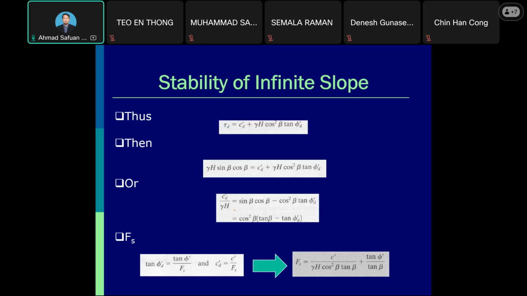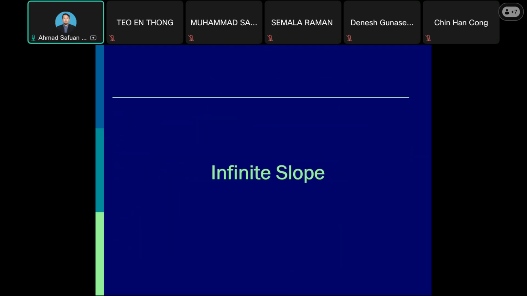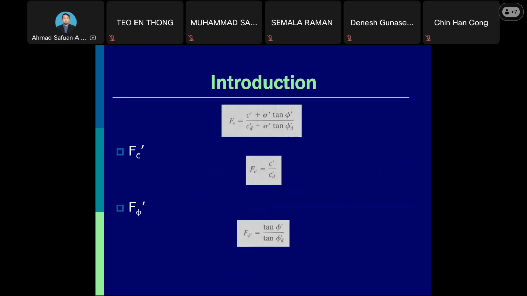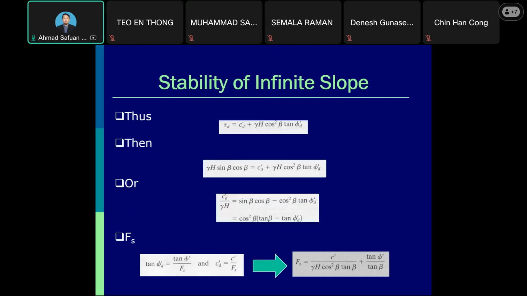So based on the previous equations for the FC and FE, we rearrange this equation.